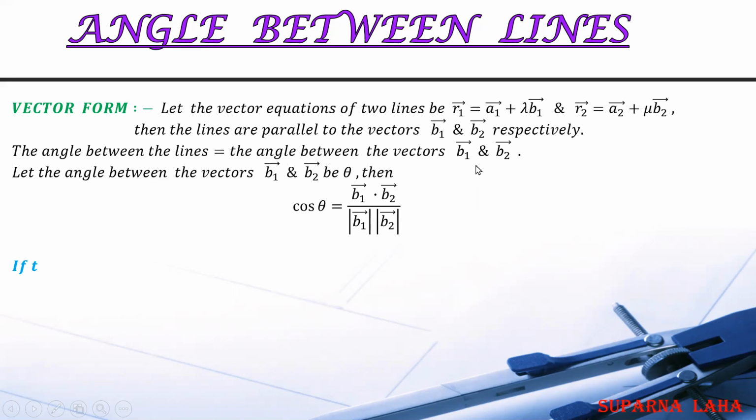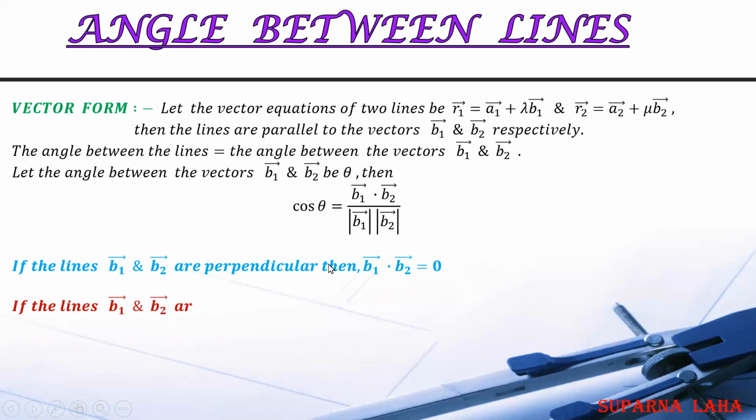Now if these two lines are perpendicular to each other, that means the angle between b1 and b2 is 90 degrees and cos 90 is 0. So the dot product, vector b1 dot vector b2, is equal to 0. And if the lines are parallel to each other, then vectors b1 and b2 are also parallel to each other, and we can represent vector b1 is equal to lambda into vector b2.